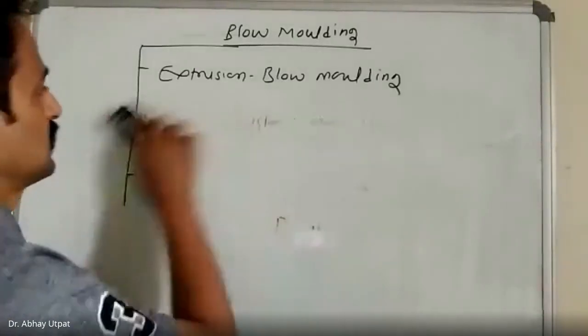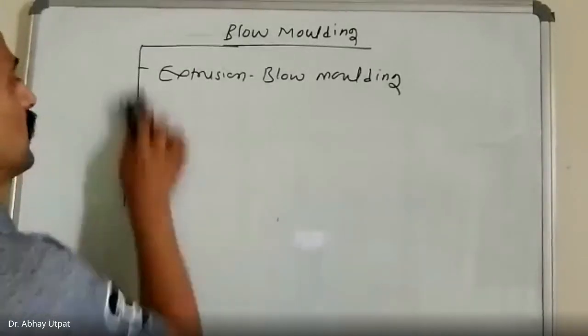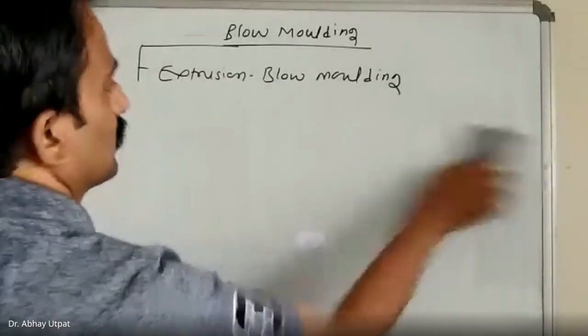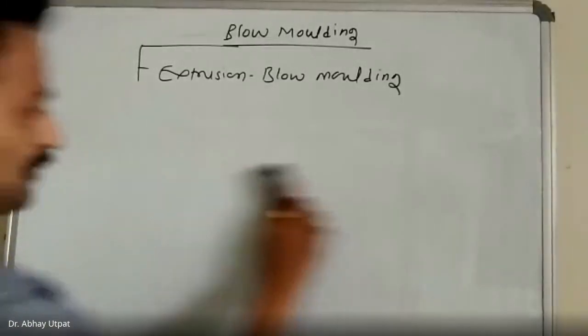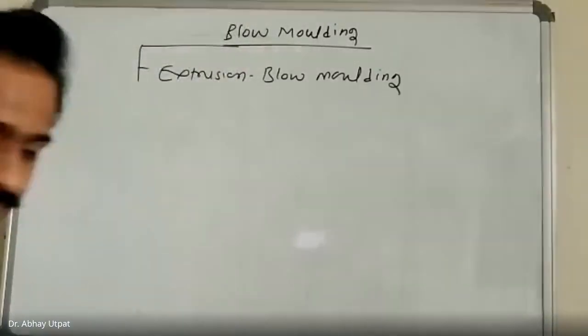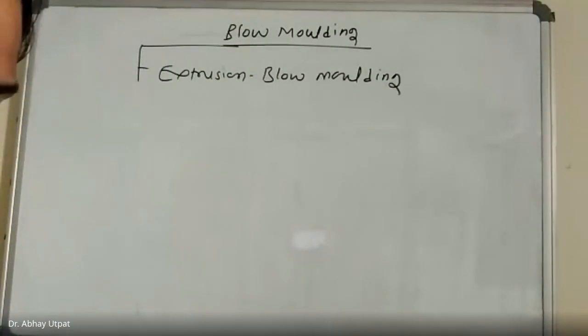Now let us see. Next line write down. Extrusion blow molding. Now pay attention. So extrusion molding process we have seen, where the material is completely confined into the die and it is allowed to move through the small opening so that it will take the cross section of that opening.